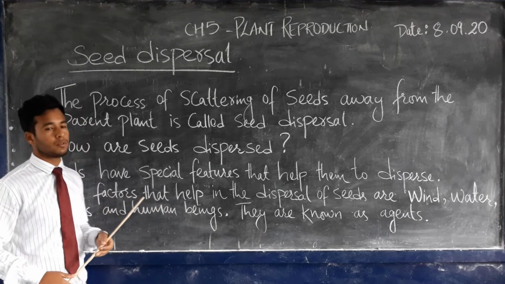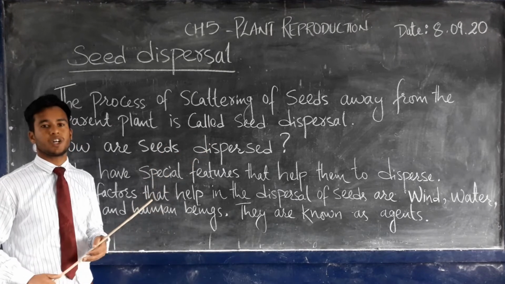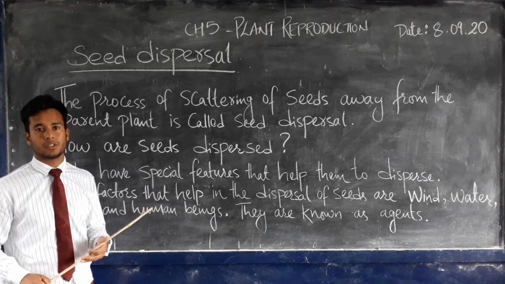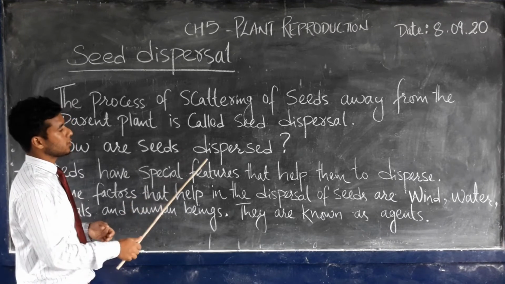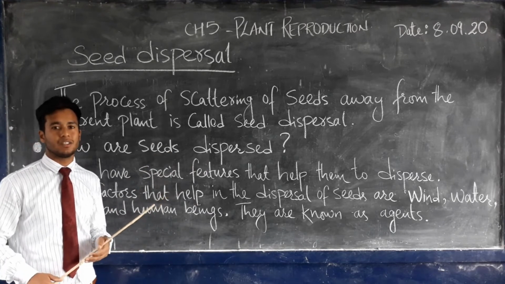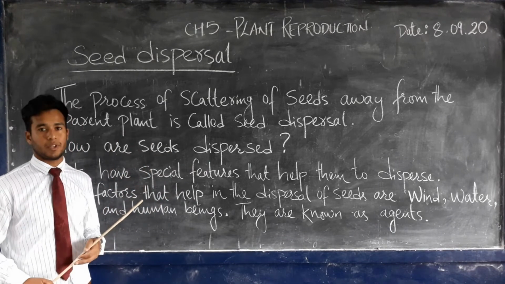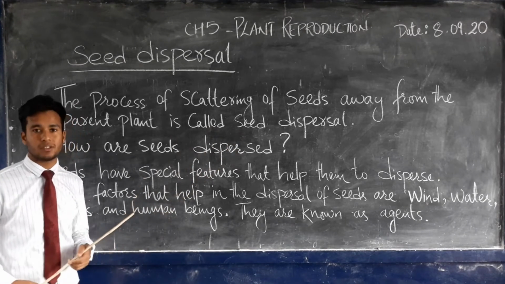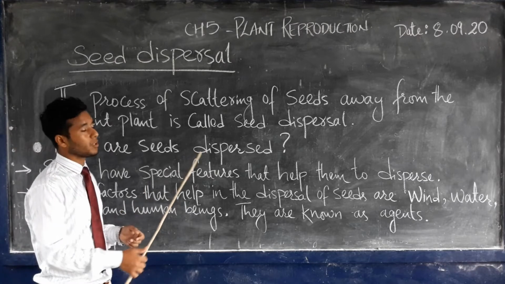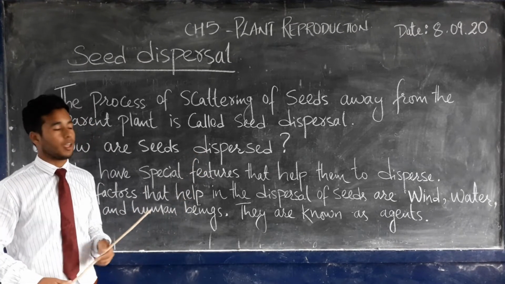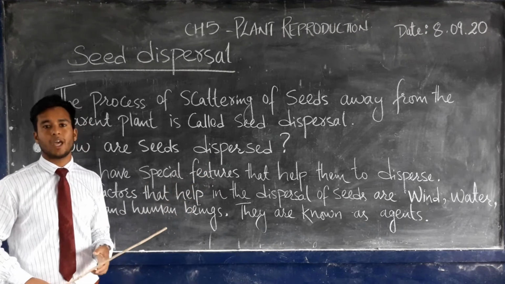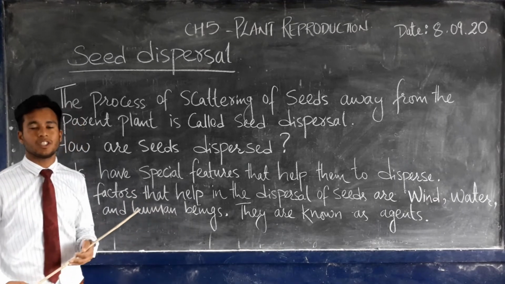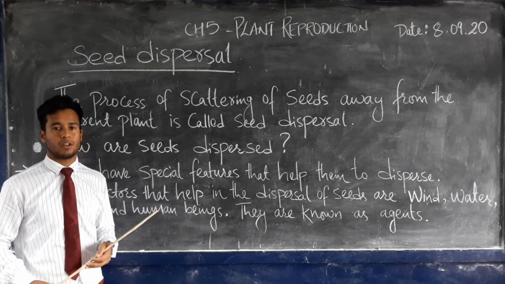So in order to get proper nutrients, air and moisture, dispersal of seed has to take place. If dispersal takes place, the seeds get a wide area, and in a wide area they get ample nutrients to absorb. That is why dispersal of seed is very important.